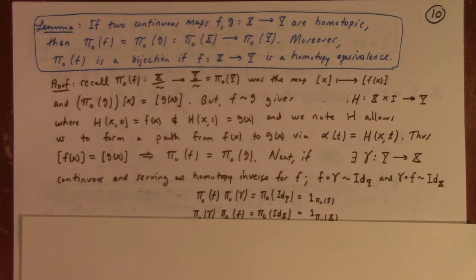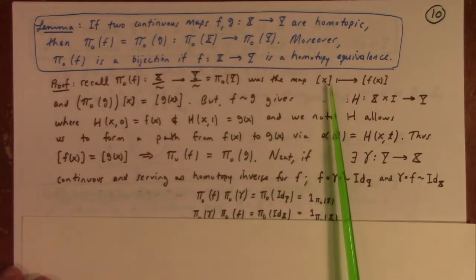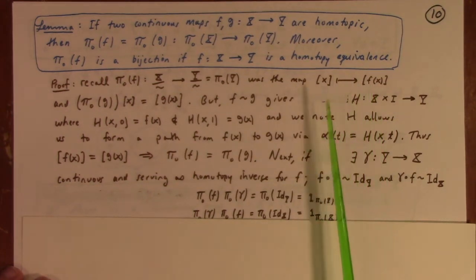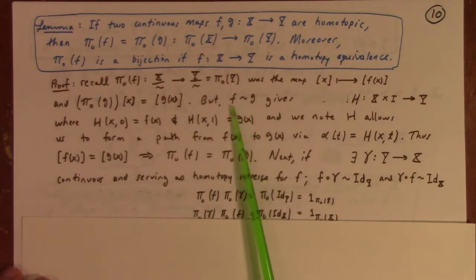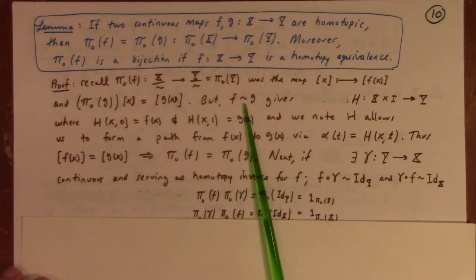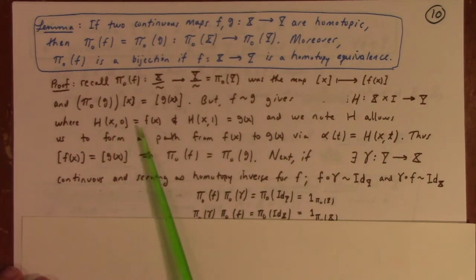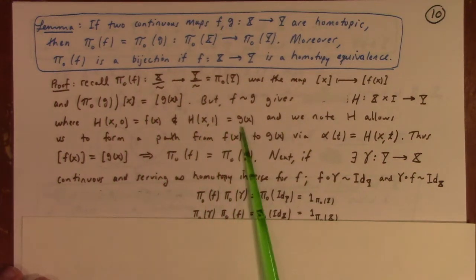And here's the proof of that. So pi 0 of f was X modulo the path equivalence, and it's basically defined by this map: the class of x maps to the class of f of x, right? And likewise for g. But remember, f equivalent to g gives us a homotopy h, where plugging in 0 gives you f, and plugging in 1 in the second spot gives you g.